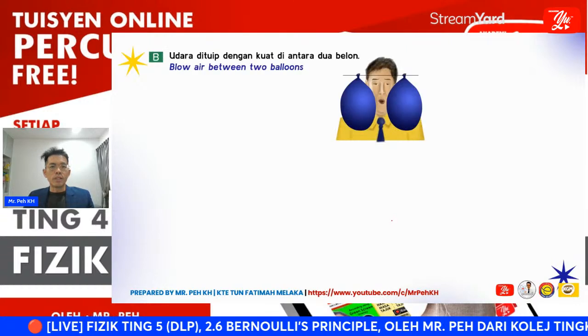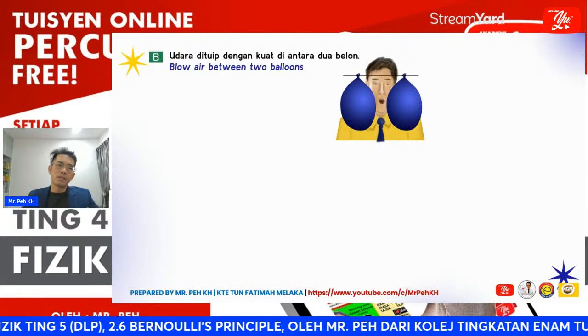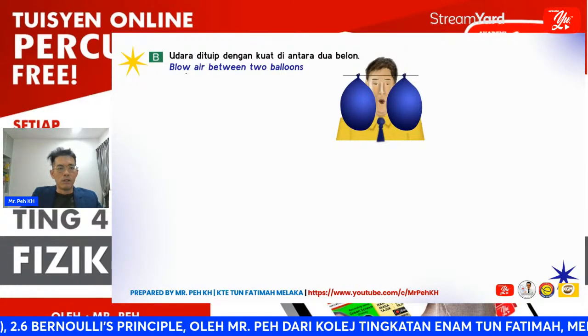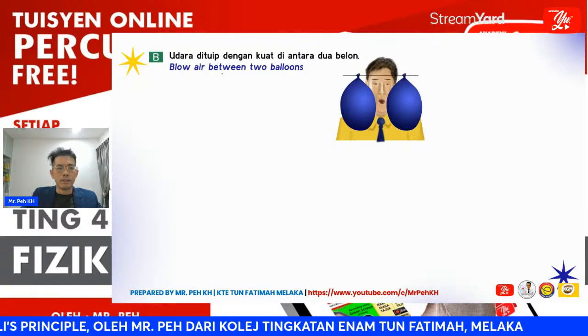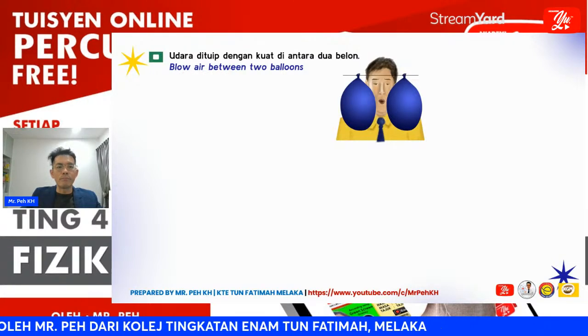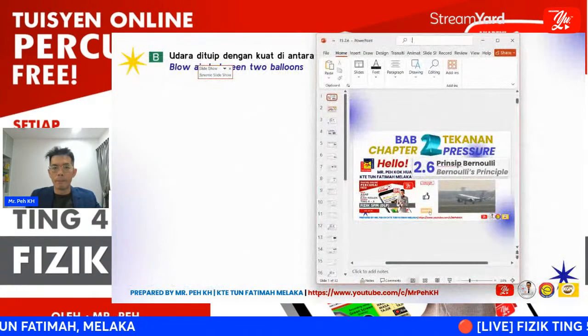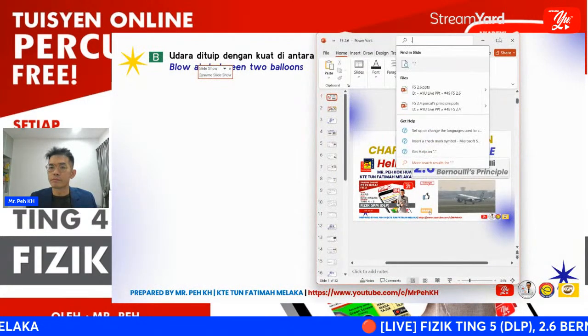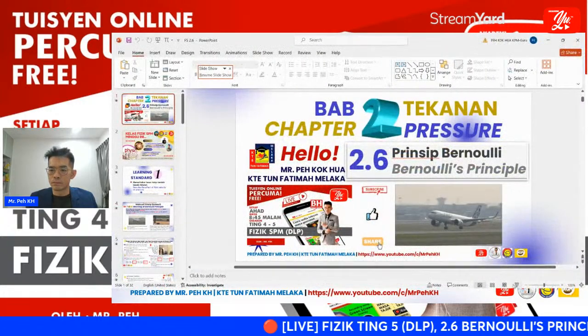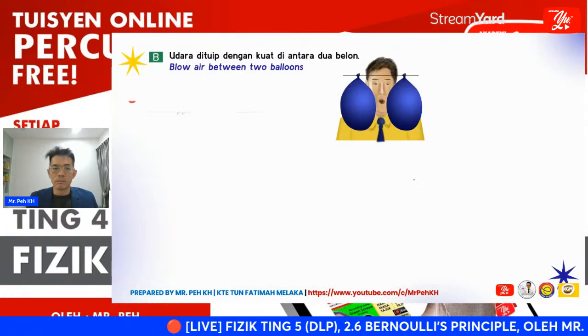Okay, so we go to the second activity, where you need to blow air between two balloons. Just follow the figure shown here.